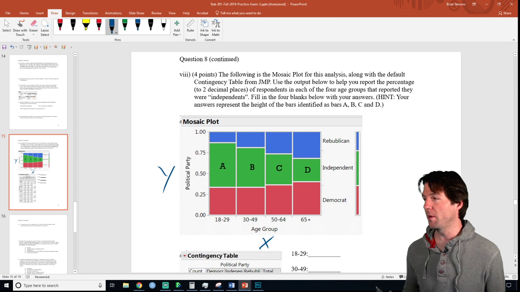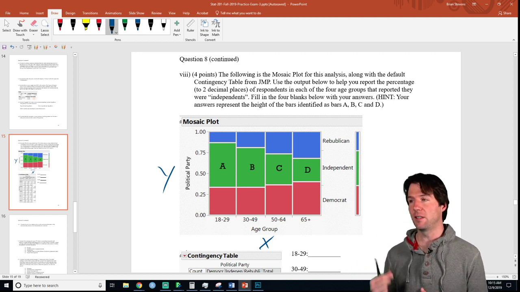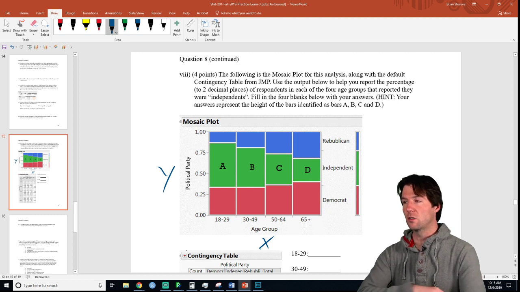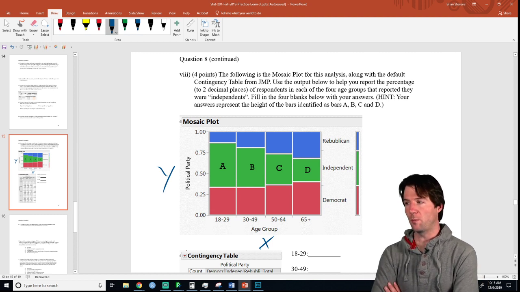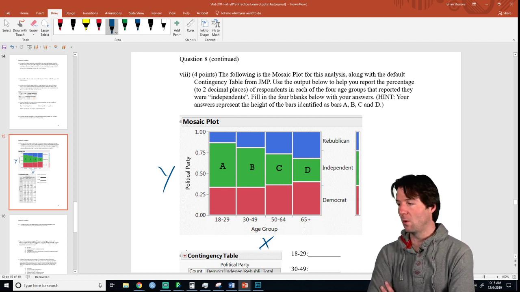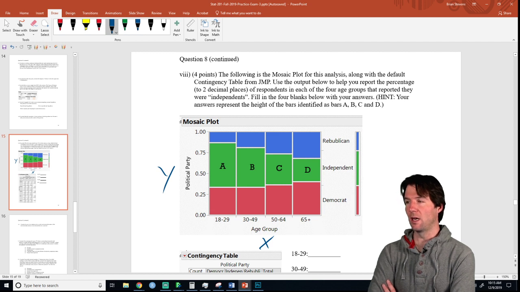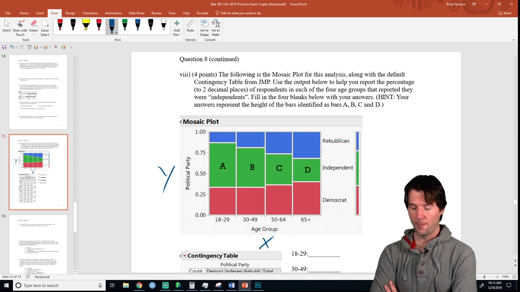Look at the mosaic plot: age group, which is X here, and someone's political party. What do you notice about political party affiliation as people get older? What is decreasing? The amount of independence in each age group is decreasing as someone gets older.